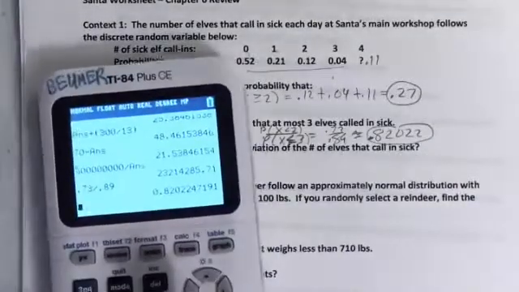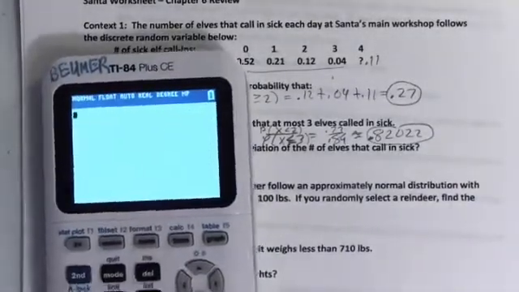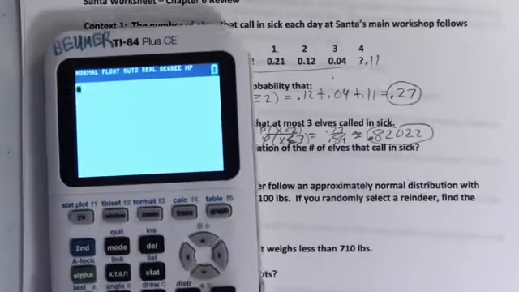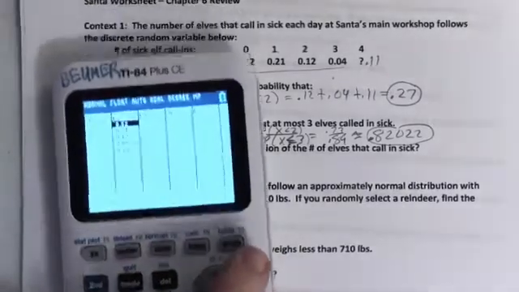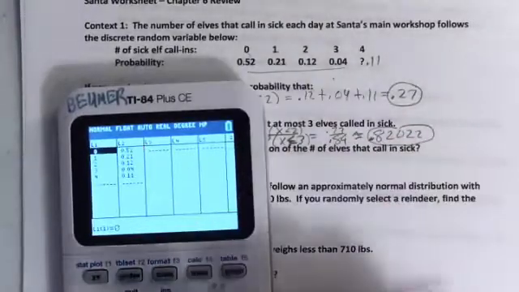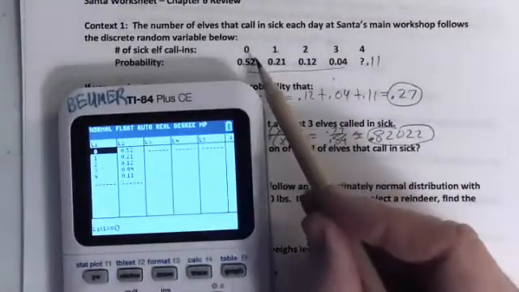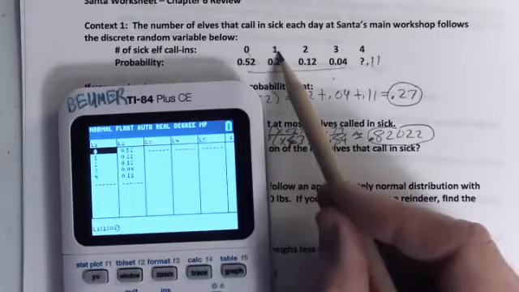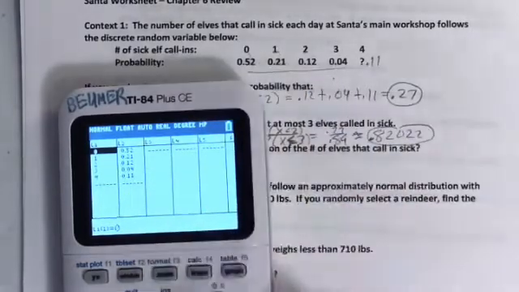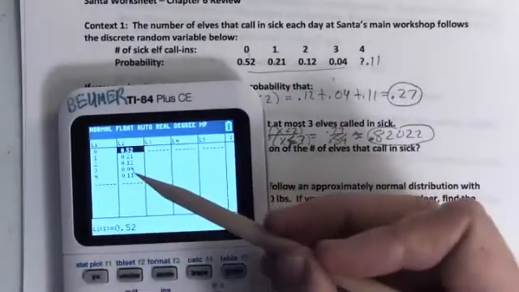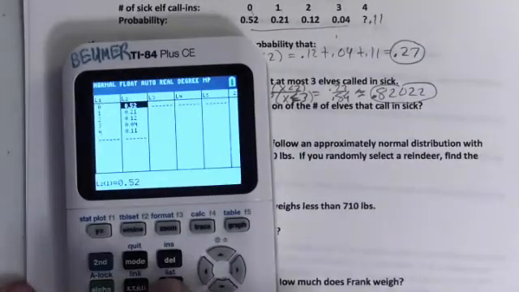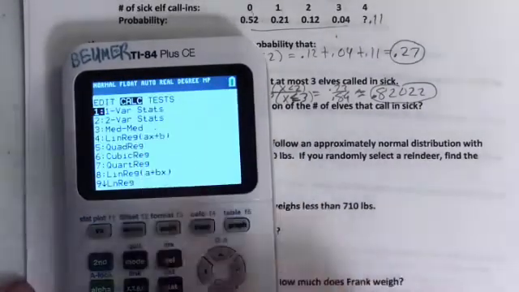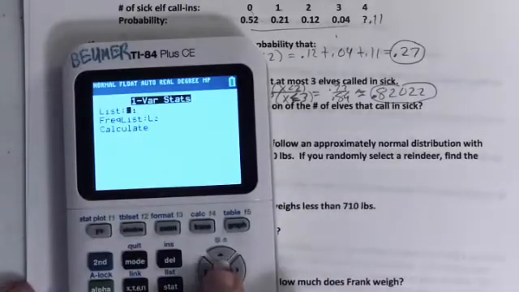We'll put these in list 1 and list 2. The way we do that is we hit the stat button, and then we hit edit. In list 1, we put all the x values, the number of sick elf call-ins, 0, 1, 2, 3, 4, and the probabilities will go in list 2. Then we'll do one variable stats: stat, calculate, one variable stats, and we put list 1.